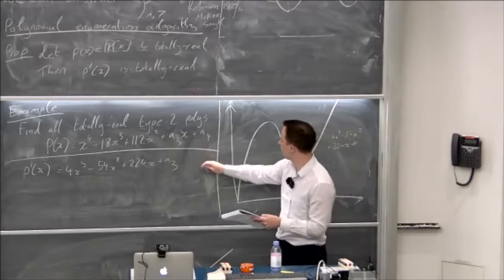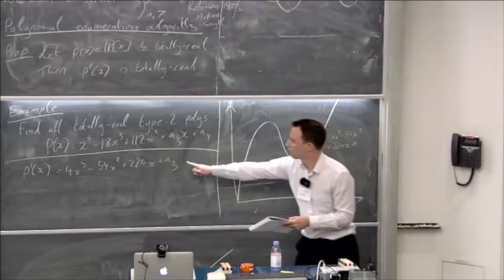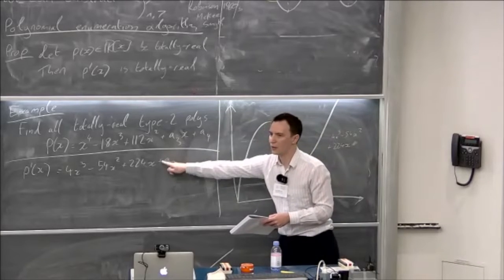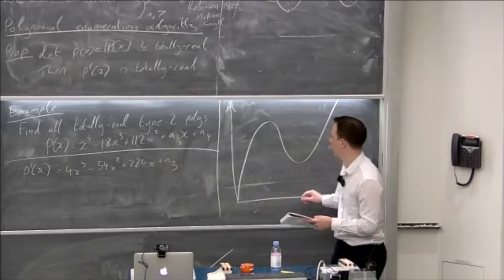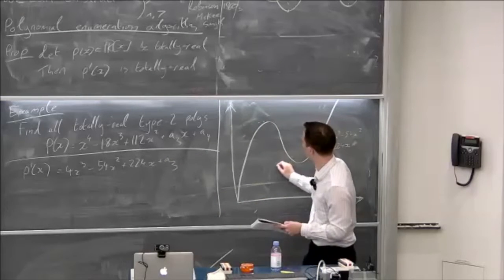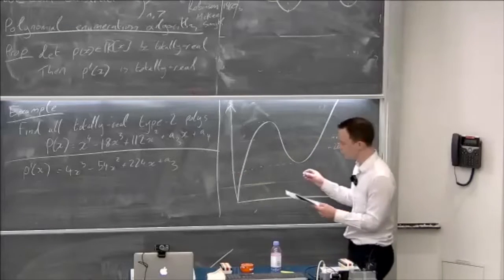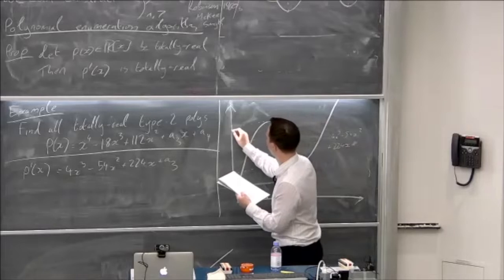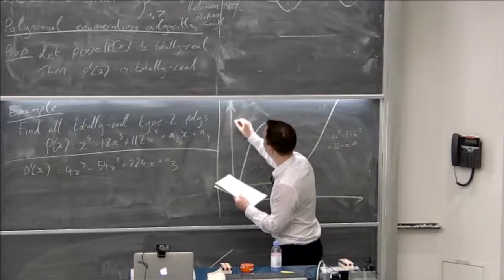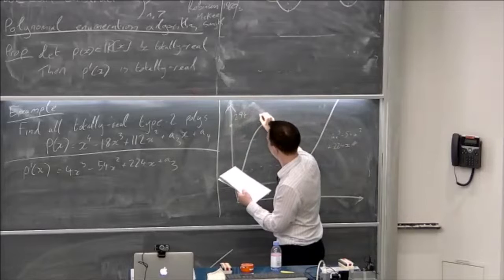And so I want to make this polynomial totally real just by giving some values for a sub 3. I can do that by working out these points here, where I have local minima and maxima. If I do that in this case, then I get this point here is 294 point something.